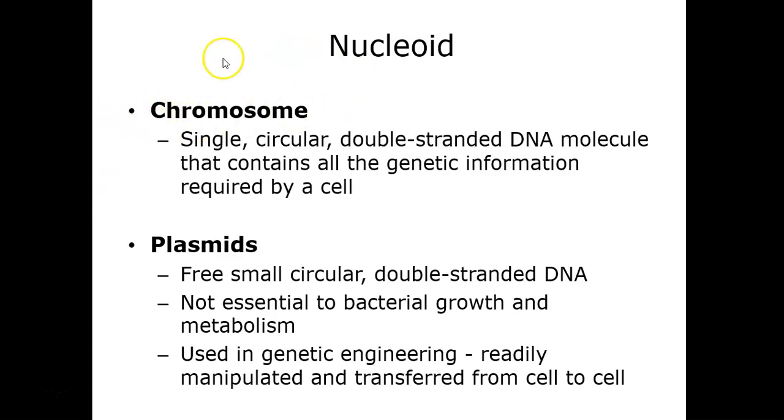We find the regular DNA chromosome, which is this circular double-stranded DNA molecule that contains all of the genetic blueprints for that particular cell. In some cases, you will also find these other very small circular DNA molecules called plasmids.